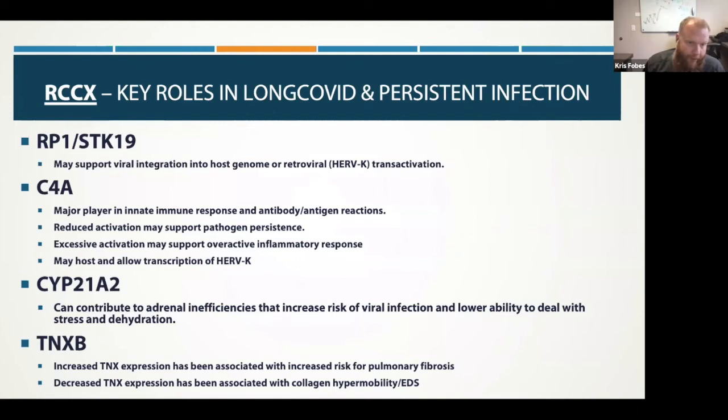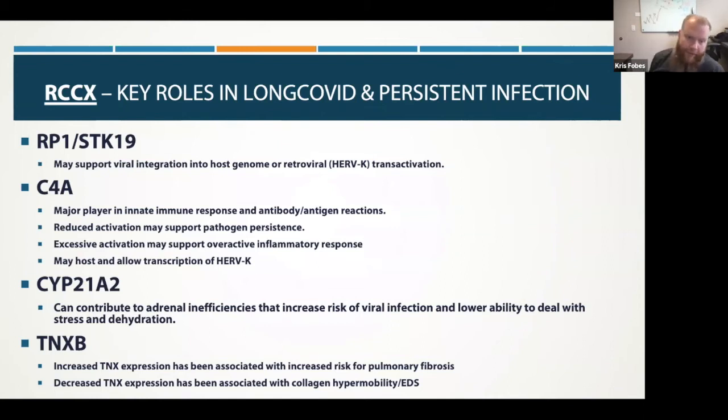So we obviously have issues with that also in COVID. And then C4A also acts as the host for HERV-K, which I know Amy has talked many times about, associations between increased HERV-K expression and persistent pathogens or infections. So I think that's going to be pretty interesting to see.